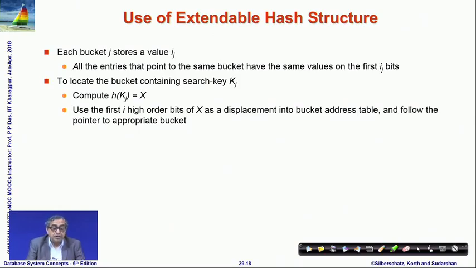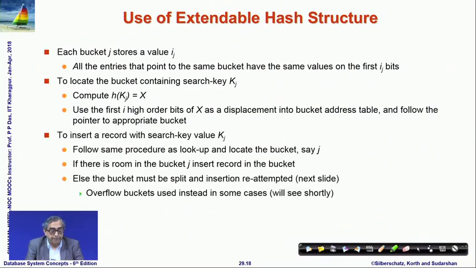So, how do you locate the bucket that contains the search key K j? You compute the hash function, which is x, use the prefix i bits of x as a displacement into the bucket address table, and follow the pointer to the appropriate bucket.